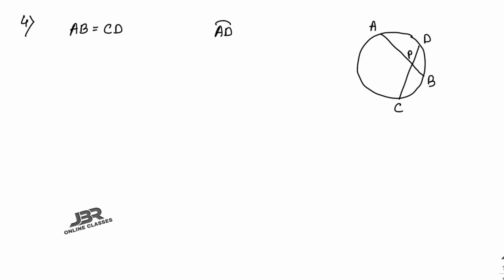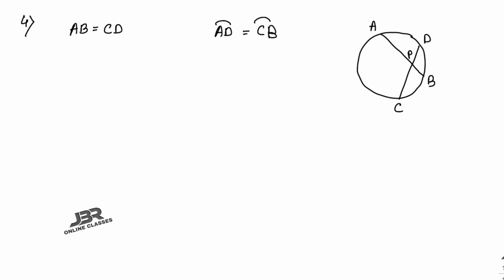Now the last one, sum number 4. First you have to draw the diagram. Here is a chord DC and another chord AB, and the intersecting point is P. In the adjoining figure, two chords AB and CD of a circle intersect at point P. If AB is equal to CD, equal chords, prove that arc AD is equal to arc CB.